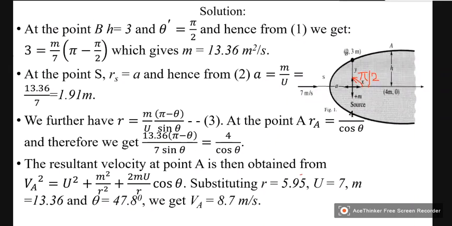But H is equal to 3 and u is equal to 7. So if you substitute these two, you will get m.